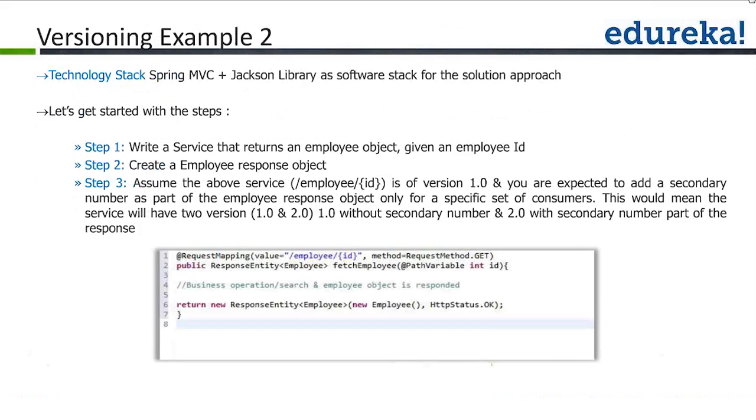So what we'll do? You will understand that, and this is what few of you were asking, can we see some examples? So this is one of the examples that will help you to some extent. So what is happening here? Now what will you do? You will again bring your Spring MVC, Jackson API, and you will write some service, right?